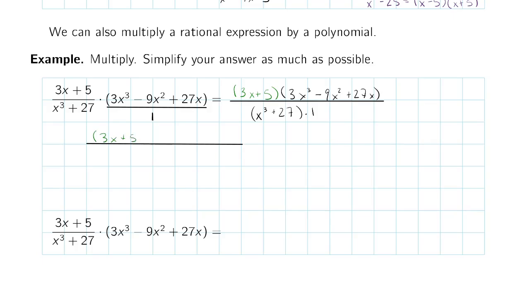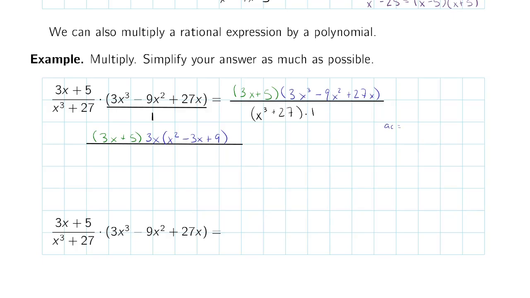3x plus 5. Then I have this 3x cubed minus 9x squared plus 27x. I recognize those have a common factor of 3x. And then the remaining polynomial is going to be x squared minus 3x plus 9. Now, I recognize that as that polynomial I get from a sum or difference of cubes, so I suspect that's not going to factor.